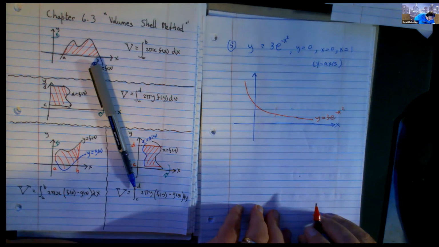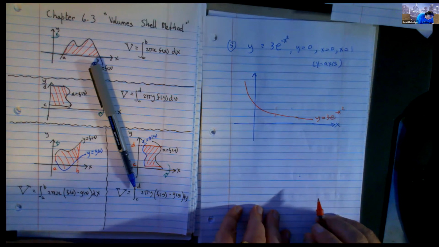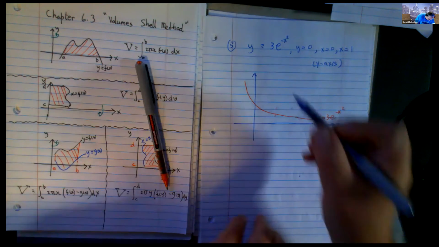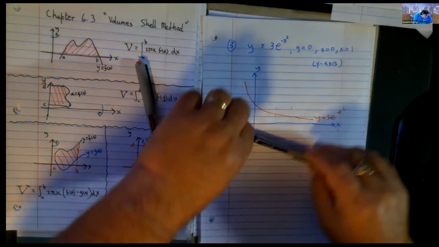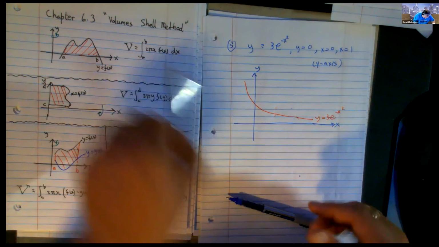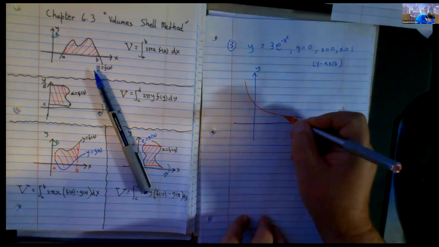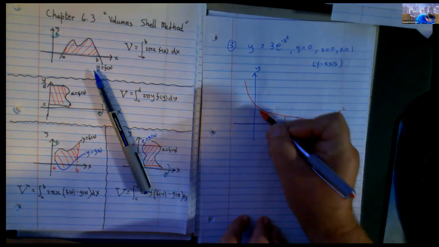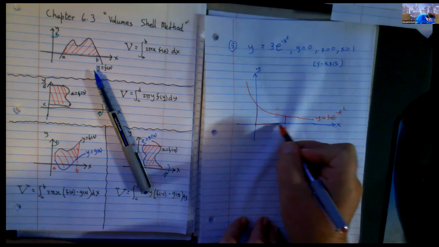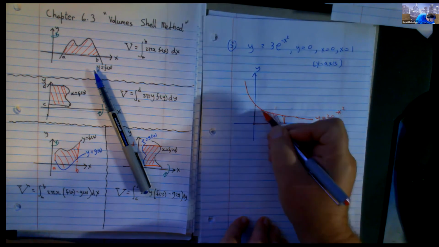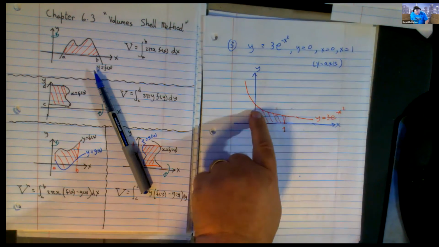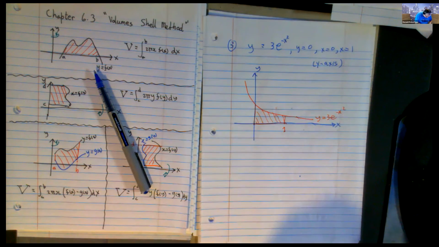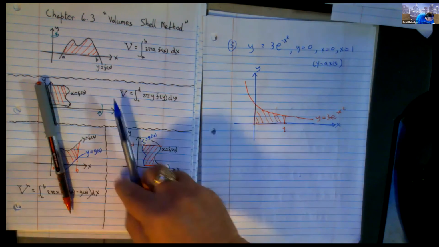Now, if you plug in y equals 0 and x equals 0, x equals 0 gets you the y-axis, and y equals 0 gets you the x-axis, and x equals 1 gives you the line that's there. When you put the whole package together, all that information tells us this is the area that's going to be rotated about the y-axis.